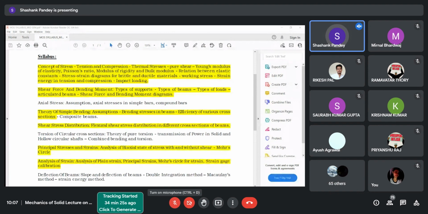You have already studied this, so you will have to revise it. Yes sir, that was in first semester, shear force and bending moment diagrams and so on. Since you have already studied this, you have to simply revise it. Sir, please revise once for us. Now I do not have lectures left. I asked this before starting the course, but have you studied this? You all said that we know this. We also took some quiz based on problems related to this.